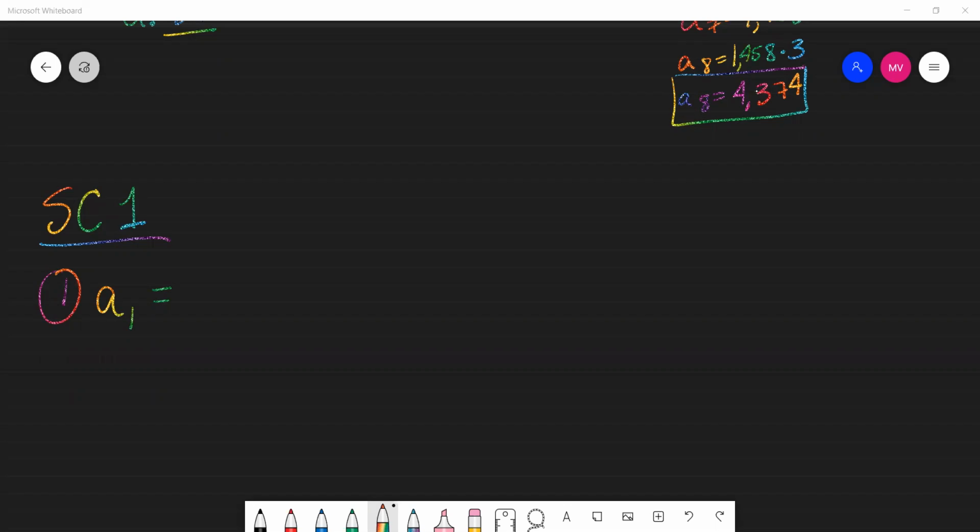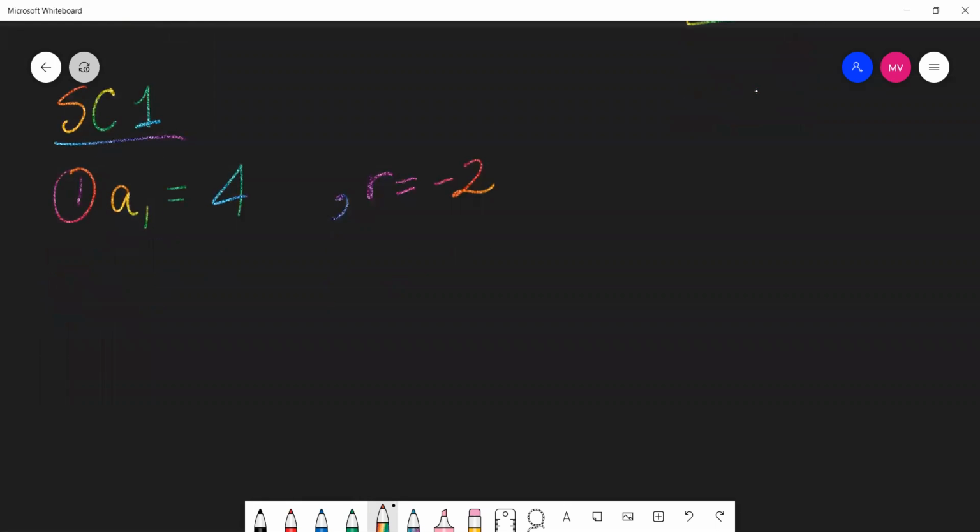All right, so we want to write the first 5 terms of the following sequences. They haven't given us the sequence, but they have given us A1, which is 4. And they've told us that our common ratio is -2. All right. So A2 equals what?